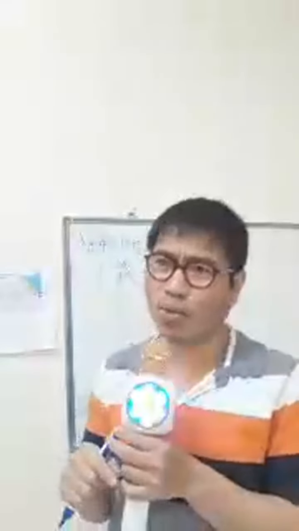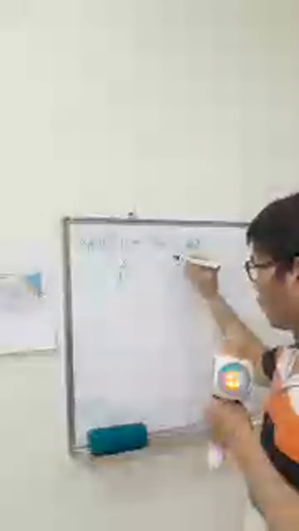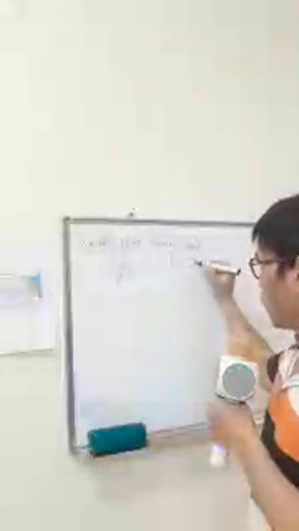Sometimes it gets tricky, because some problems don't mention the specific temperature. It will just say at standard temperature, and we don't know yet what the standard temperature is, because as what I researched, that is from 20 to 25 degrees Celsius. Now we treat standard temperature as equal to 25 degrees Celsius.